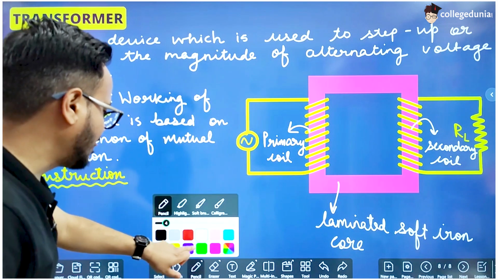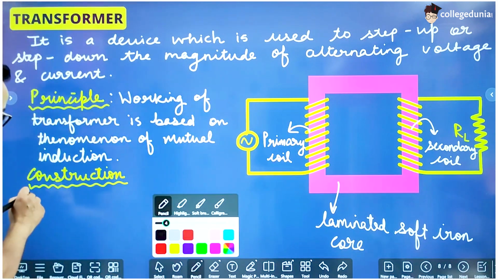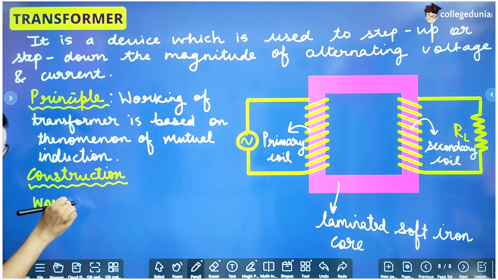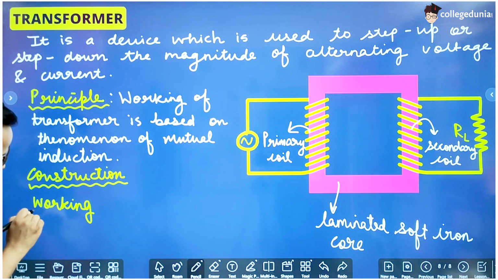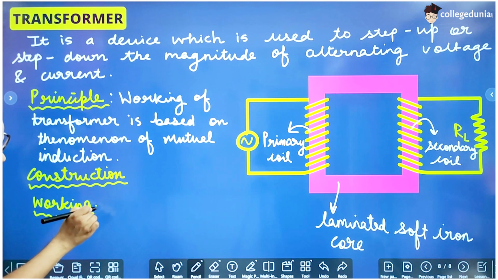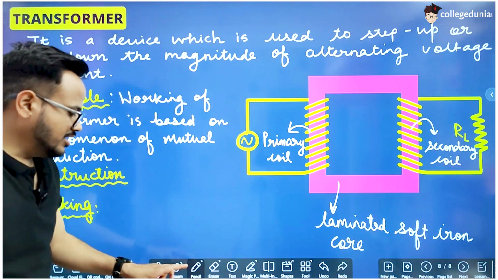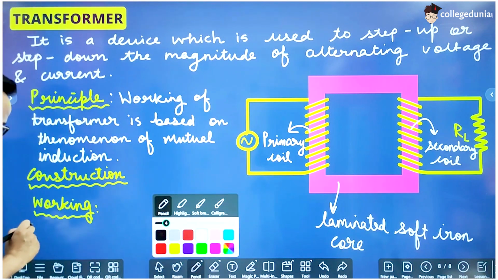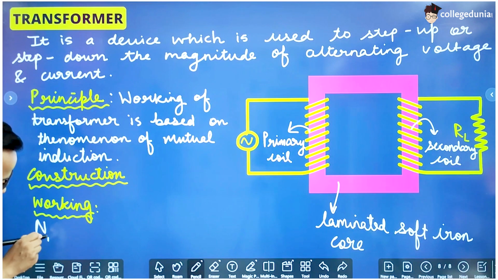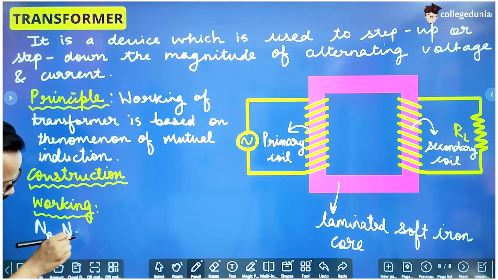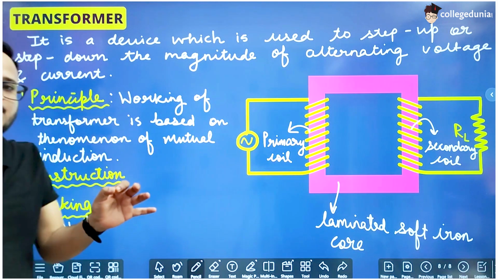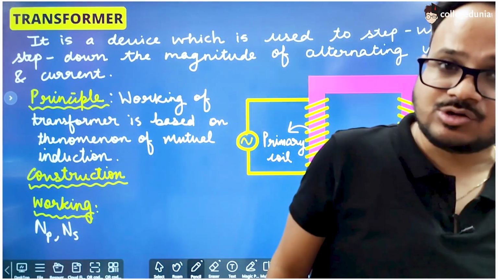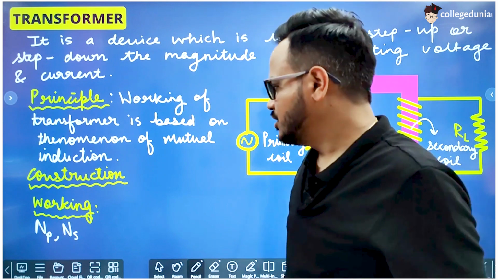Now let's come to the working. Let us say the number of turns NP and NS. We will use subscript P to represent any parameter of the primary coil and subscript S to represent any parameter of the secondary coil.